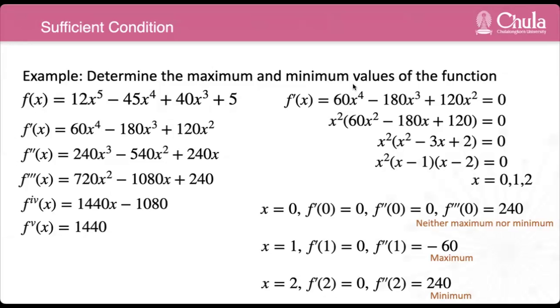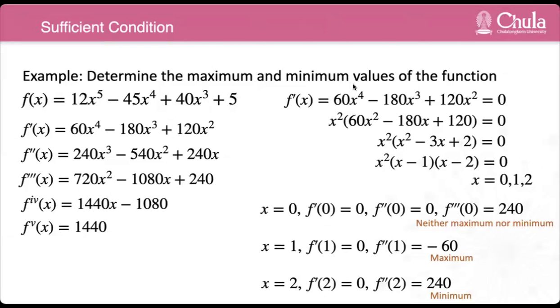When x is 1, f'(1) is 0, okay? Second order is not 0 anymore. Second order is negative 60. So what is n here? n is 2, so it can be either maximum or minimum. This is less than 0, right?